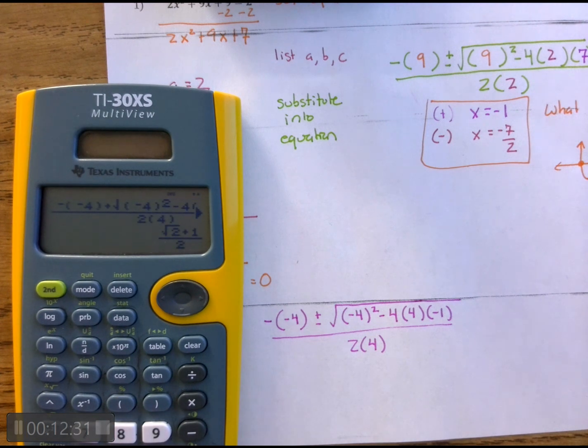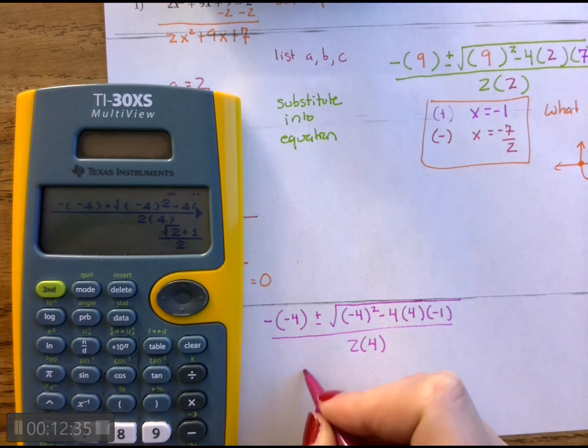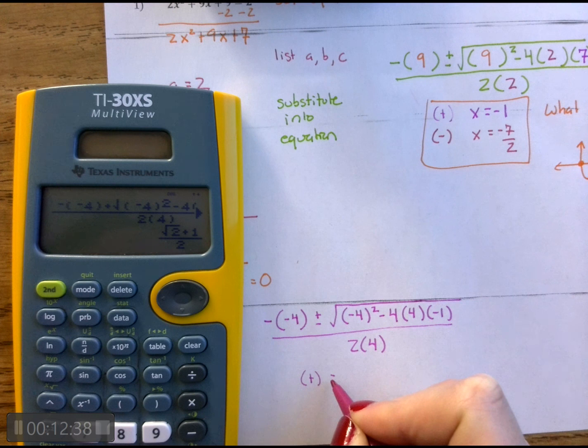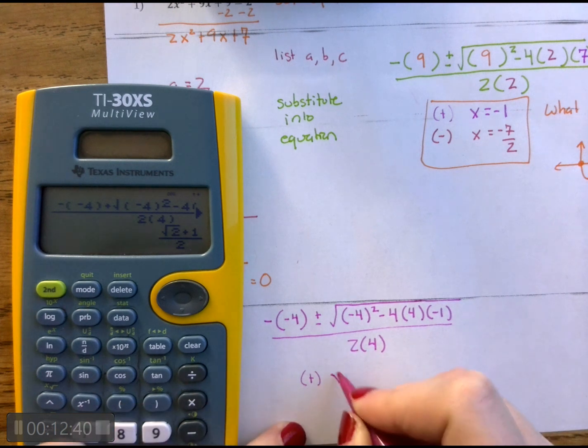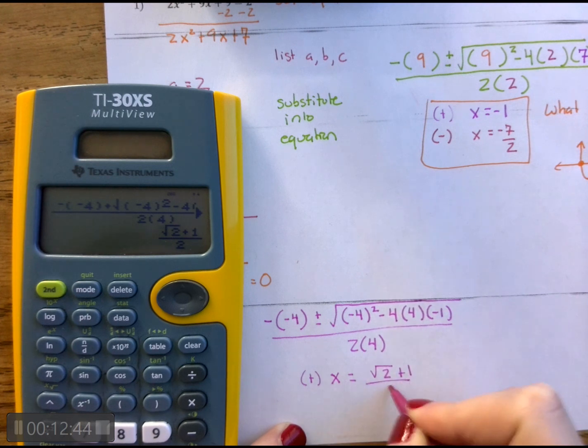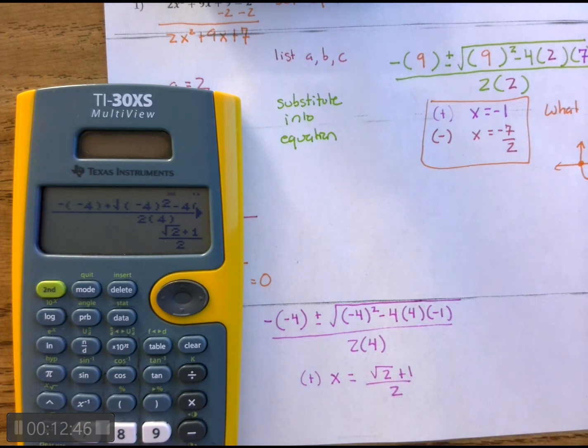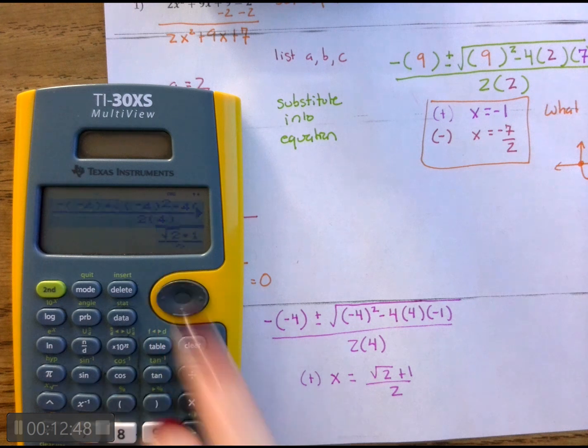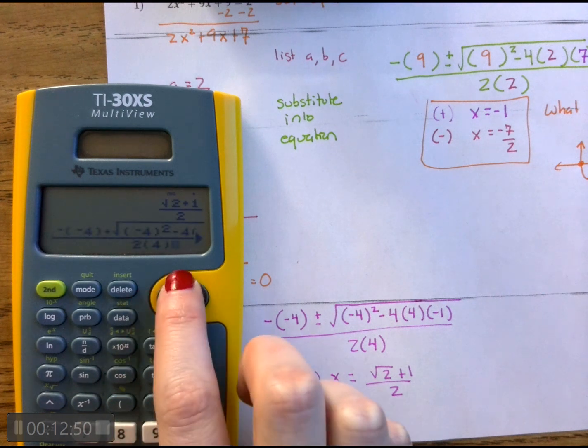Press enter, and it looks a little bit scary, but honestly, that's okay. So for our plus, we get x equals the square root of 2 plus 1 over 2. Alright. And then to get minus, just press enter.